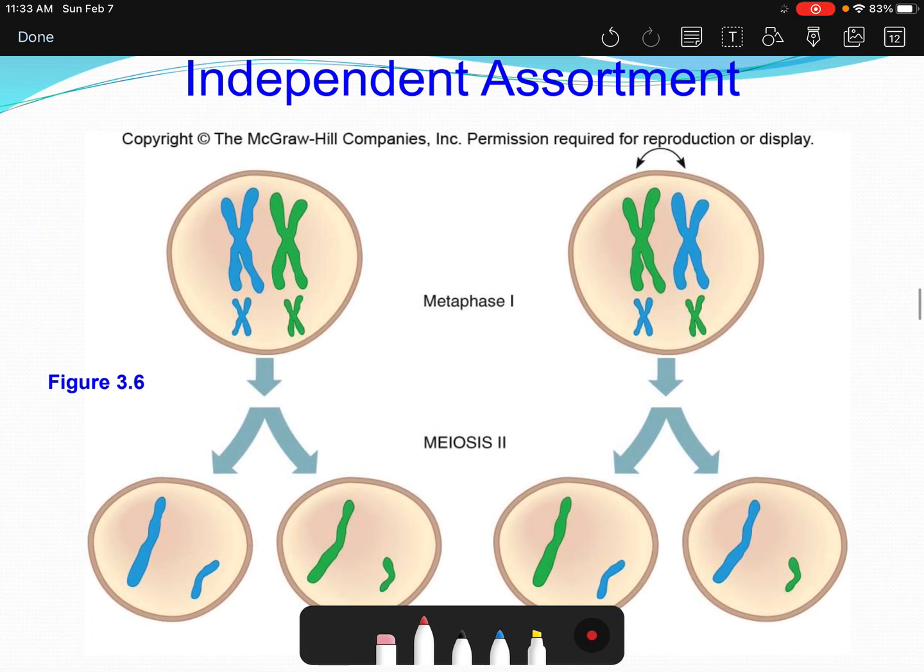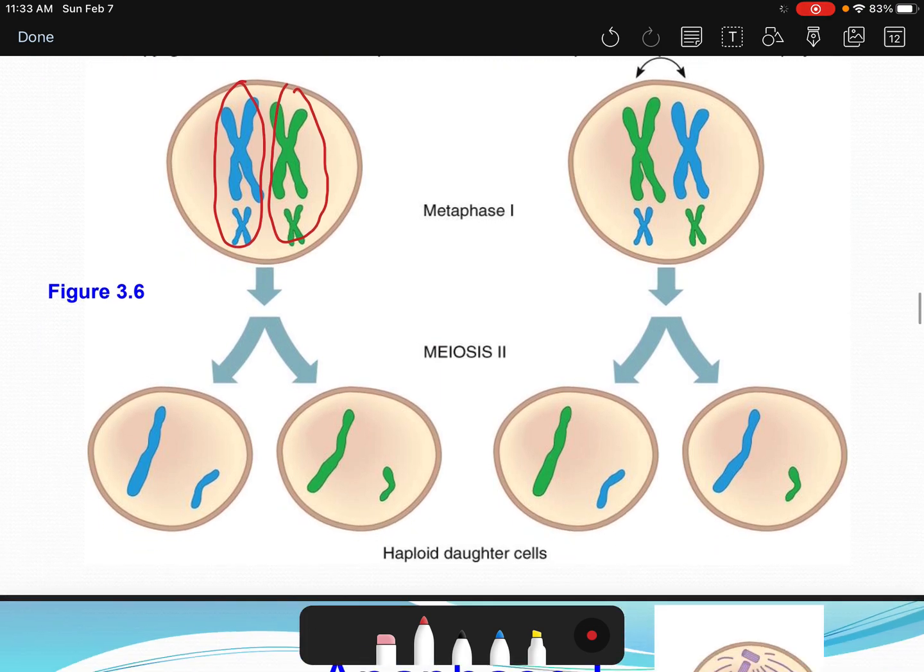So let's take a look at that independent assortment. Let's say your homologous chromosomes lined up this way, so you had all the blue ones on this side and the green ones on this side. When the homologous chromosomes separated in meiosis 1, and then the chromatids separated in meiosis 2, your ending result would be getting one of each of these blue ones in each cell, right? But let's just see, what if they flip-flopped?